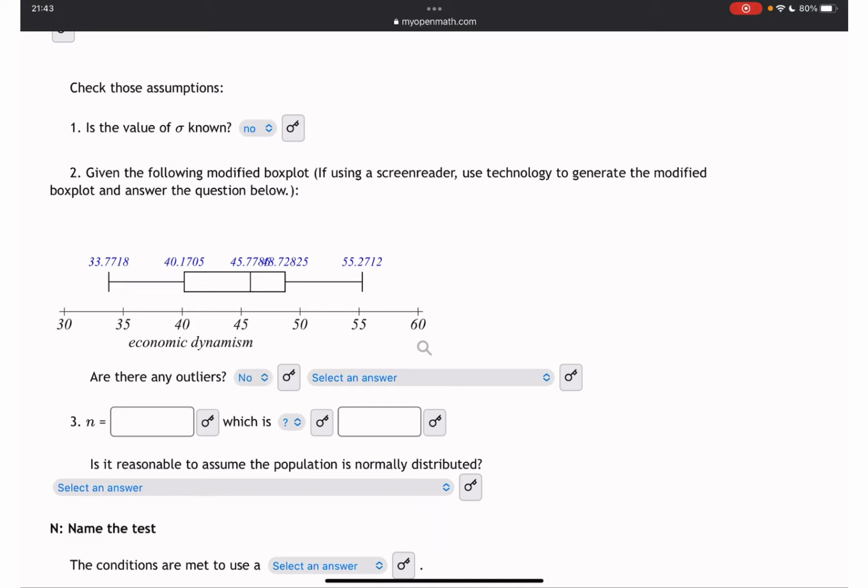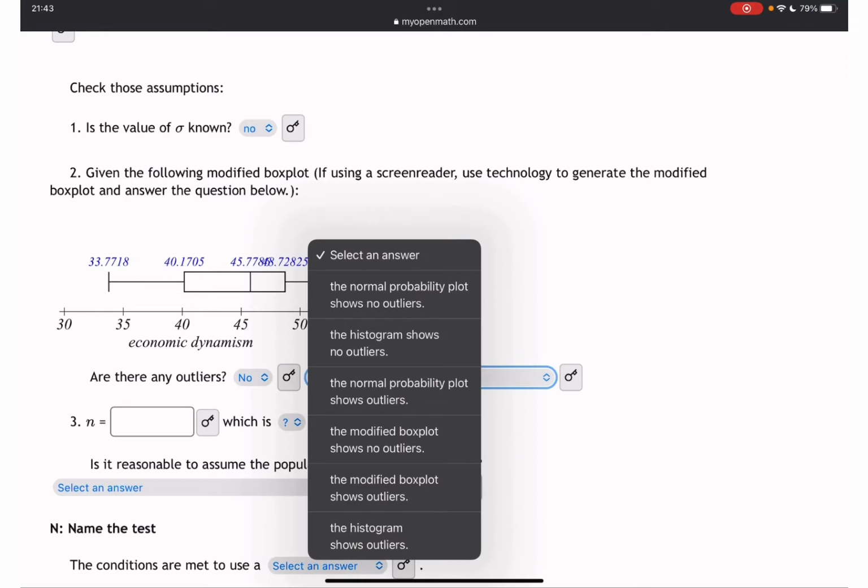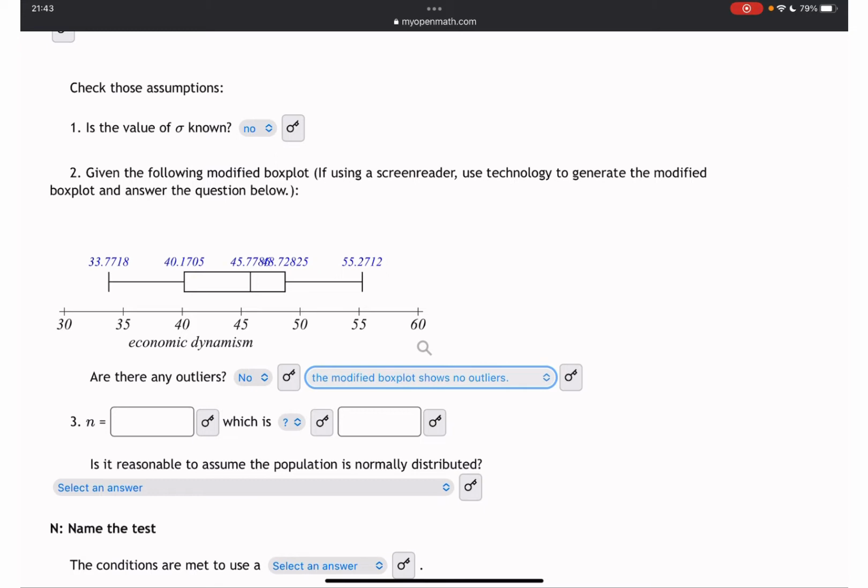But this way, we have the equally same tail for our normal distribution. So, what does that mean? No, our modified box plot shows no outliers. All right.